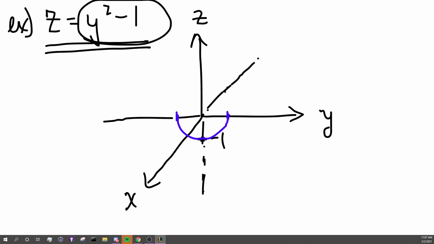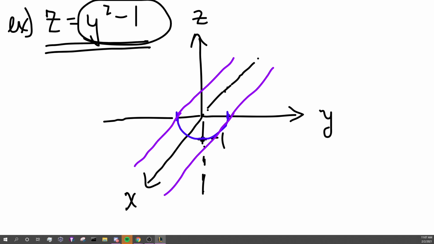Now, since x is part of it, and x can take on any value, that means we're going to create a plane that is parallel to the x-axis. So we're going to go up this way, and back, and back.